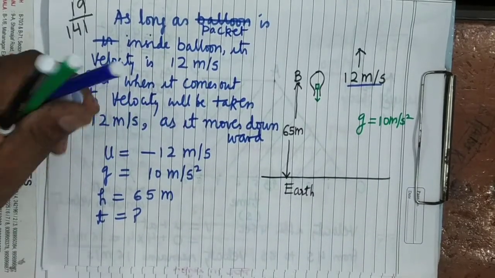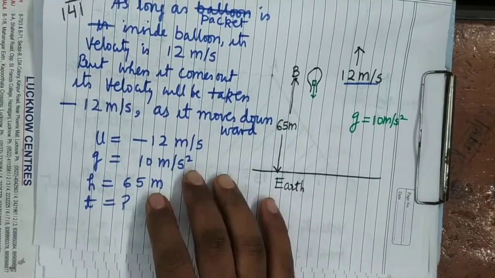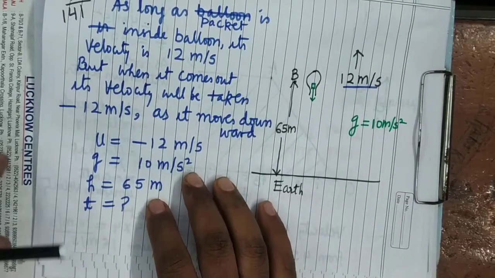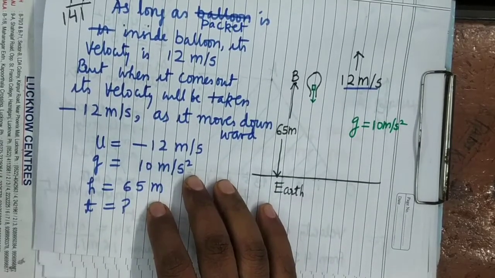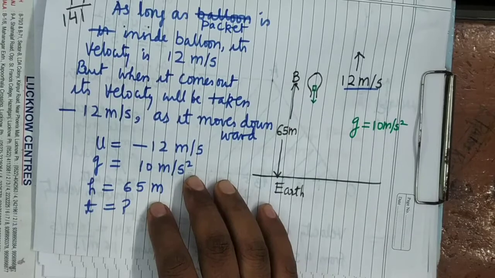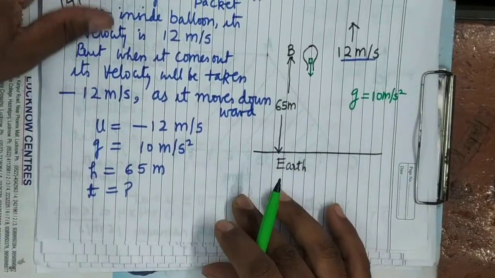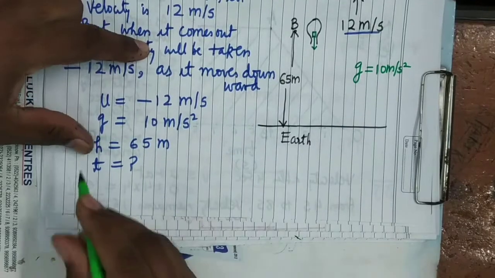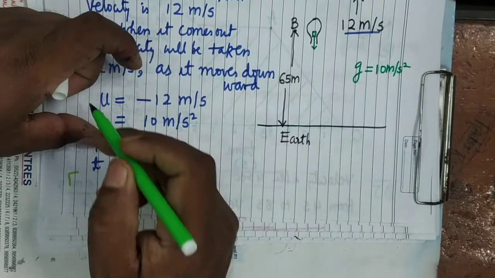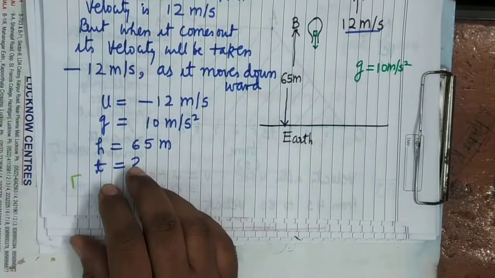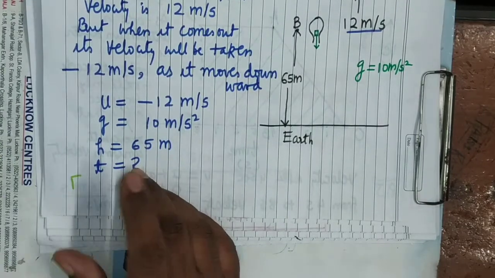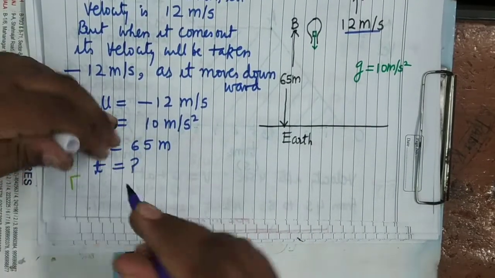So which equation will you use? You have to find t and h is given. So we will use h equals ut plus half gt square, from the second equation.